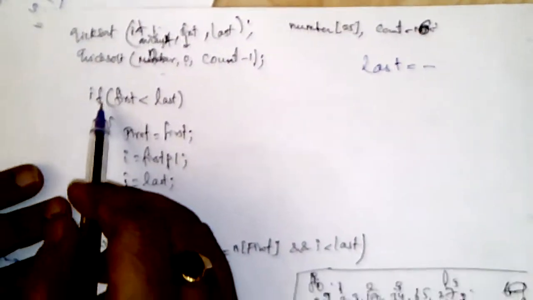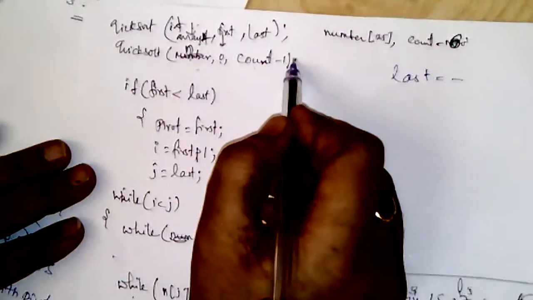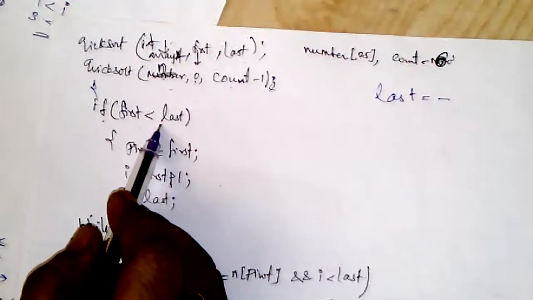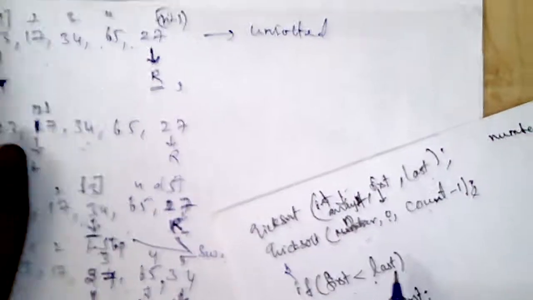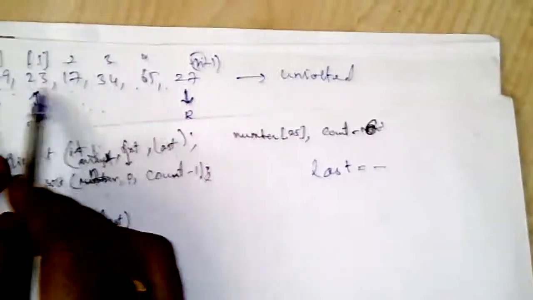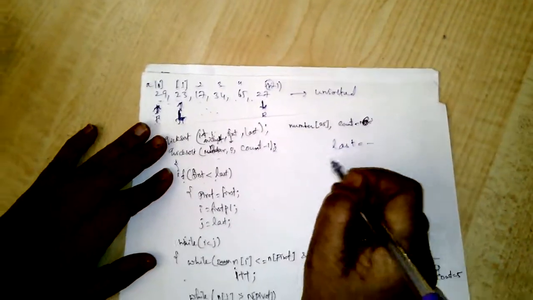Now in this quicksort I am checking: if first is less than last. For the same example, this is the list of elements. Here the size is 6, so n minus 1 count is 5.